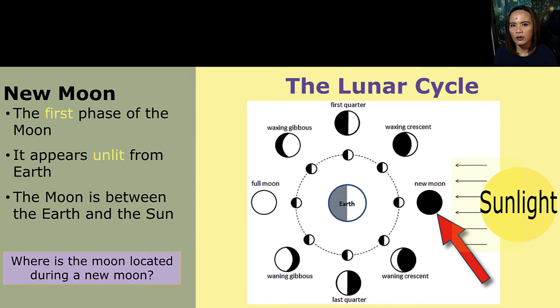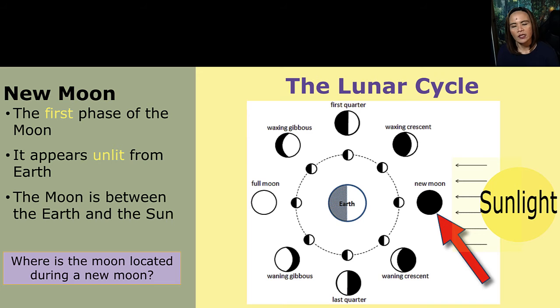Let's start first with the new moon. The new moon is the first phase of the moon, and it appears unlit from the Earth, so we actually can't see it. The moon is between the Earth and the Sun at this point in time. As you can see here, there's an inner circle. The inner circle is just its position, looking at the Sun, Earth, and Moon from space.